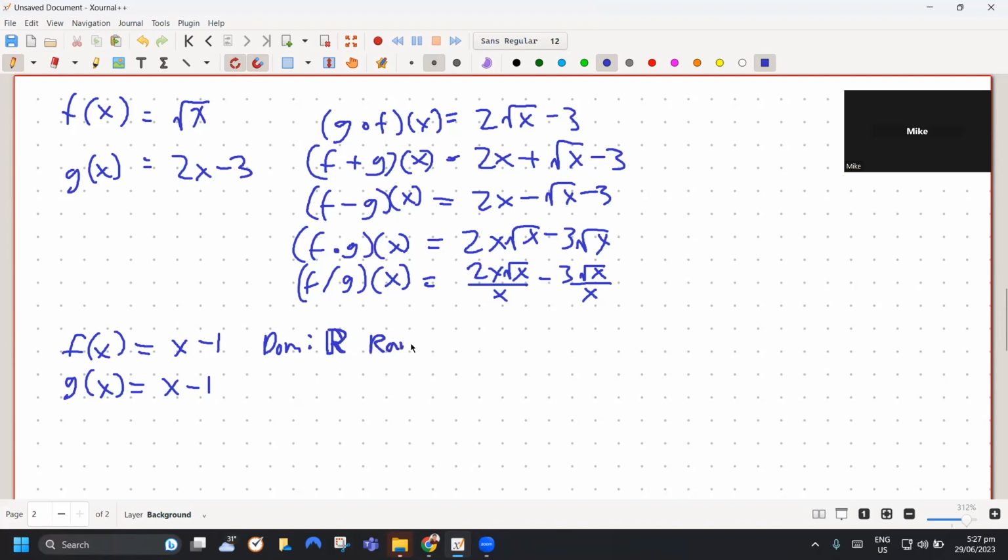And then yung range. Okay, so all real. So pareho sa domain at range. Ngayon, consider the function f over g. So f slash g of x. Okay. So ano ibig sabihin yan?